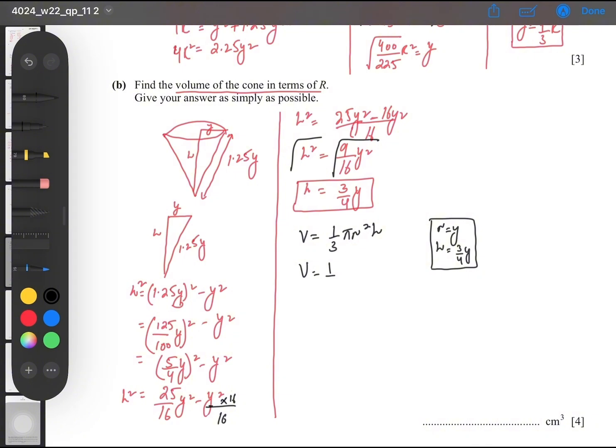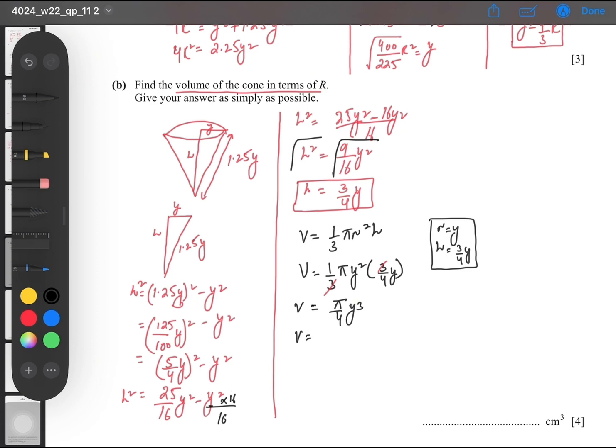Volume is equal to 1 over 3 pi y square times 3 over 4 y. I'll cancel out 3 with 3 and I'll get pi by 4 y cube.